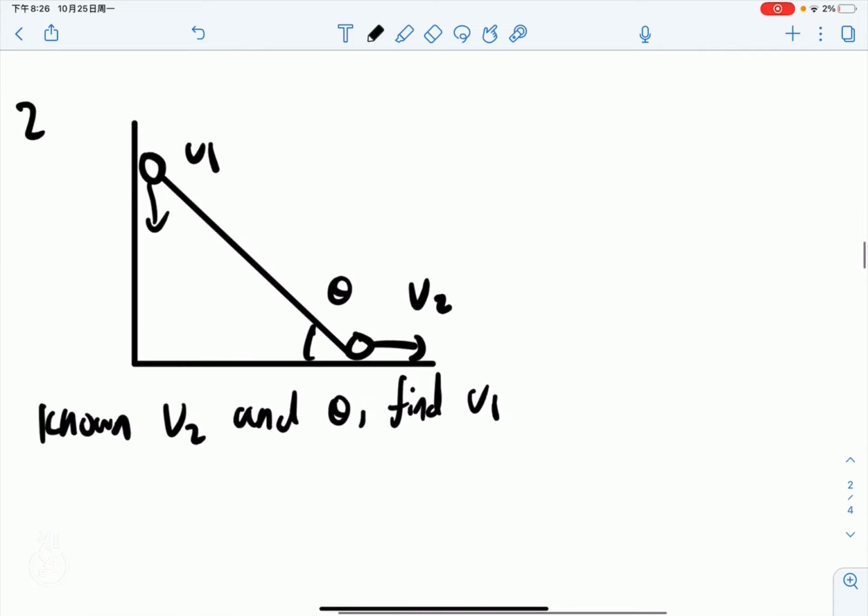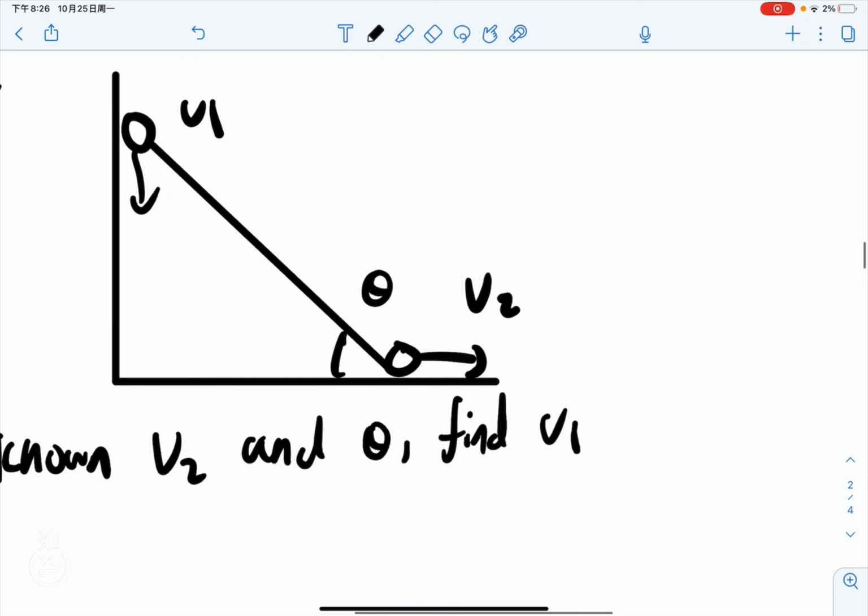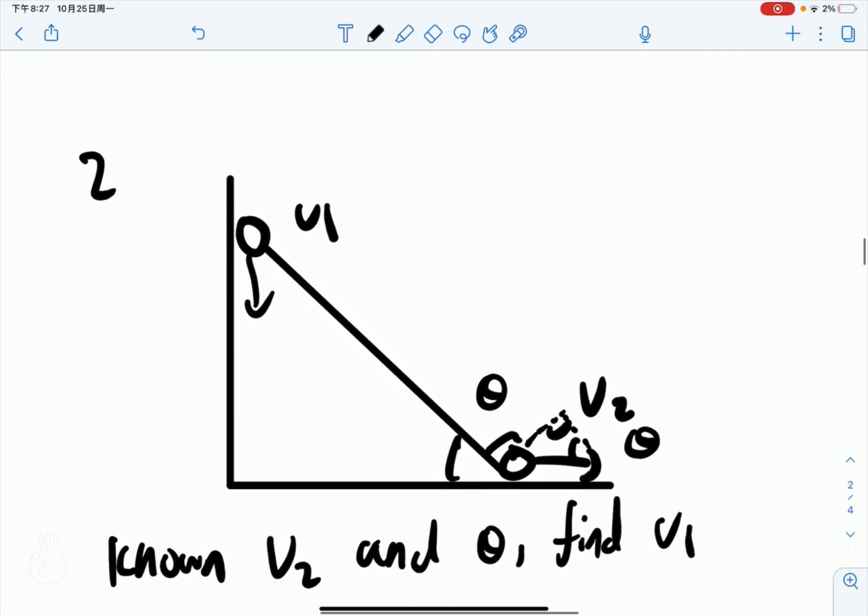And now we're going to take a look at the second classic example. This one is also kind of tricky. So you separate it into the direction that is perpendicular and parallel, and you can have this and 90 degrees over here, so this is theta.